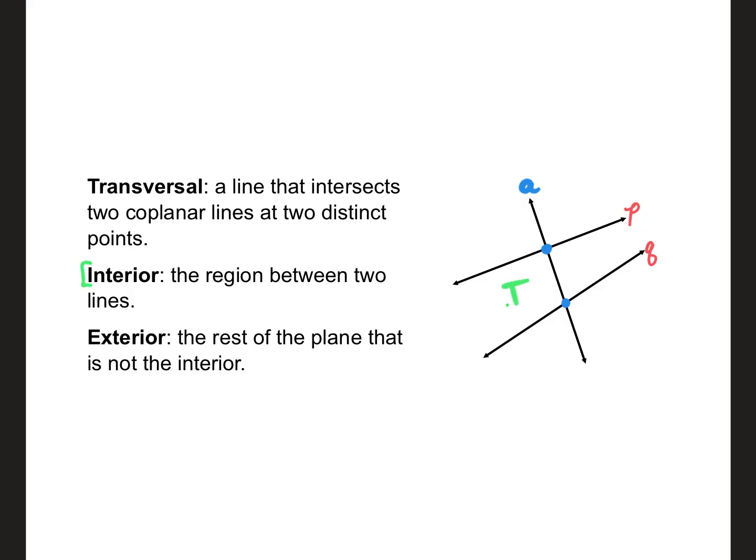So this would be considered the interior region. And then you have the rest of the plane, and that would be everything else. So outside of that is the exterior region, and even if you extend these lines in both directions forever, you would have the exterior region over here, and you'd also have more of the exterior region over here as well.